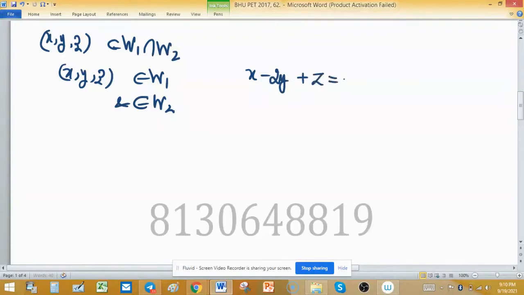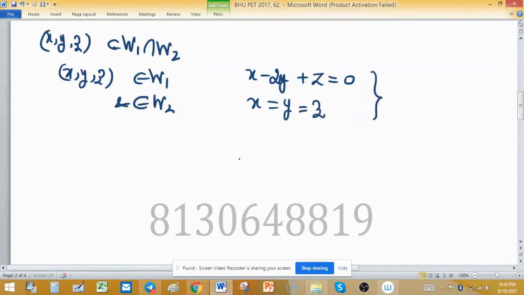It means this element belongs to W1 and also to W2. Since it belongs to W1, its constituents satisfy x - 2y + z = 0, and since it belongs to W2, it satisfies x = y = z.